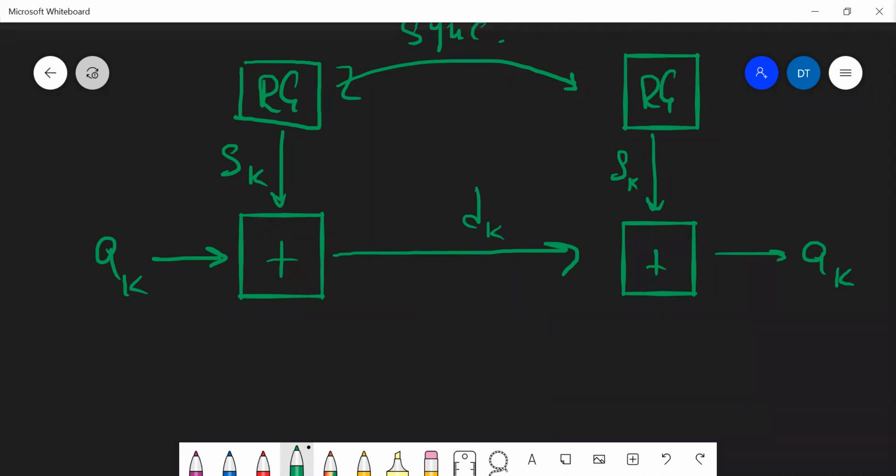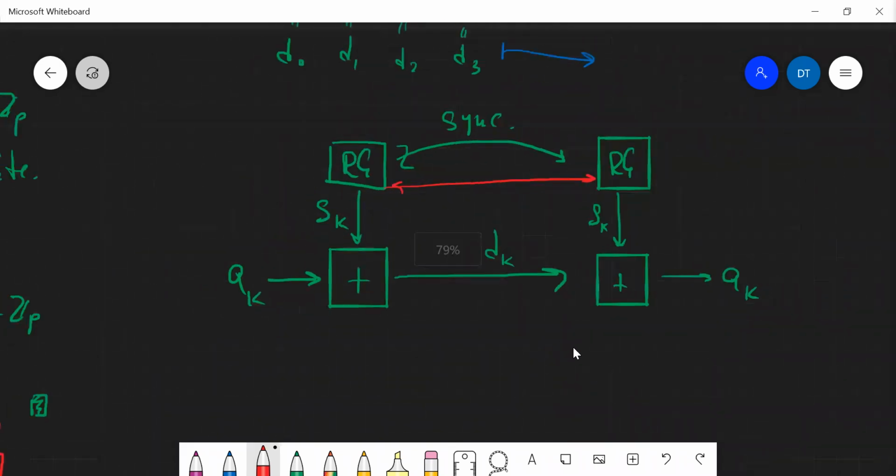But in order for this to work, you need these 2 synchronized random generators, and you may use something like the Galois random generator to do that. This is just a basic scheme for how to do this, and this scheme need not be very secure. You need to choose the alphabet, the random generator, and the function here very specifically in order for this to be secure.